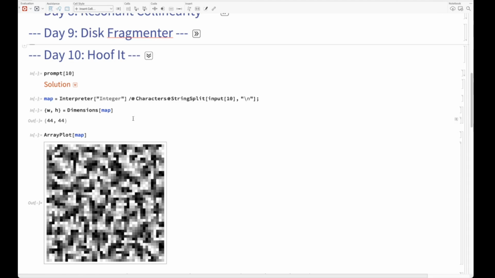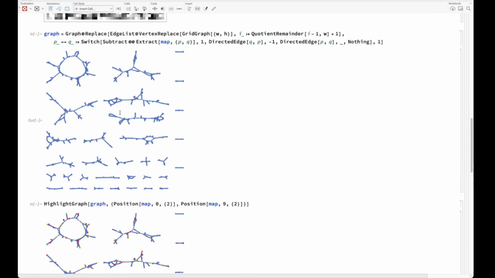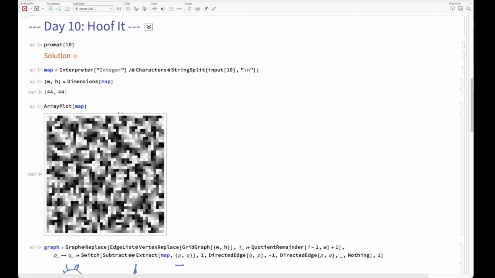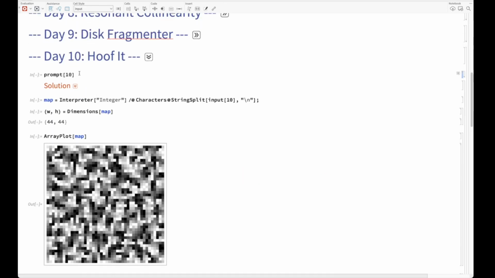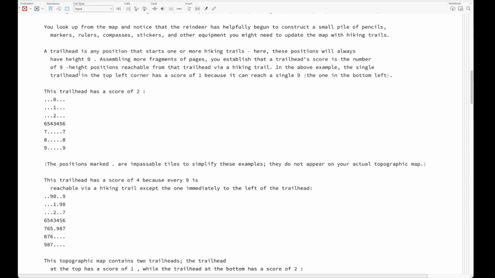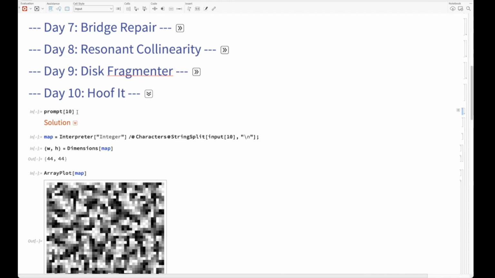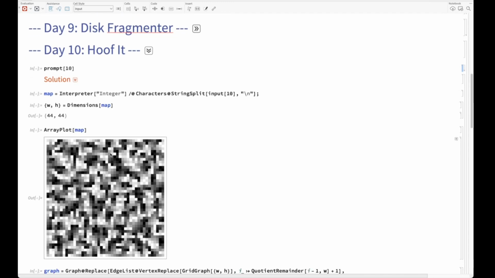Okay, another map. And another, what was that again? What was the problem again there? Let's see. Oh, yeah, it's a pretty much straightforward graph problem. You're given a map, like a height map. I should make a nice visualization for it.